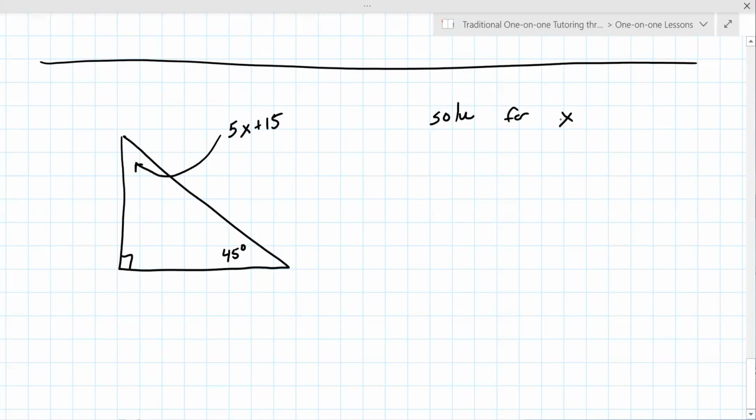I want you to write the equation for the triangle. You have to figure out what this angle measure is down here at the box. You have this angle measure, and then you have this other angle measure. See if you can solve that for x, please.